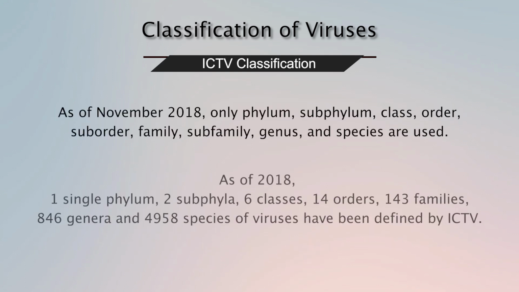As of November 2018, there is a single phylum, 2 subphyla, 6 classes, 14 orders, 143 families, 846 genera, and 4958 species of viruses as explained by ICTV, that is the International Committee on Taxonomy of Viruses.